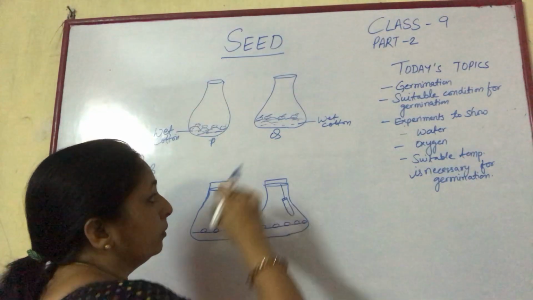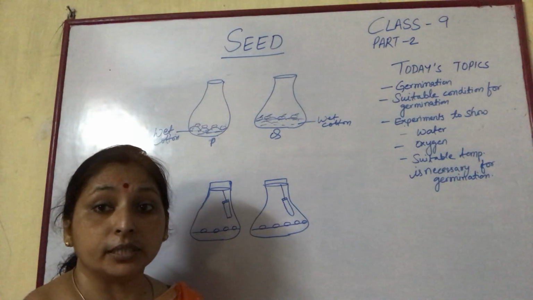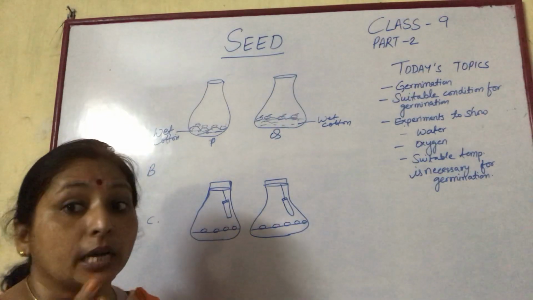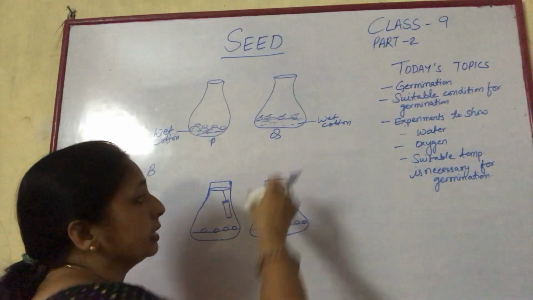What we observe is that in the flask kept in the refrigerator, no germination takes place, while in the flask kept outside at normal temperature, germination takes place.